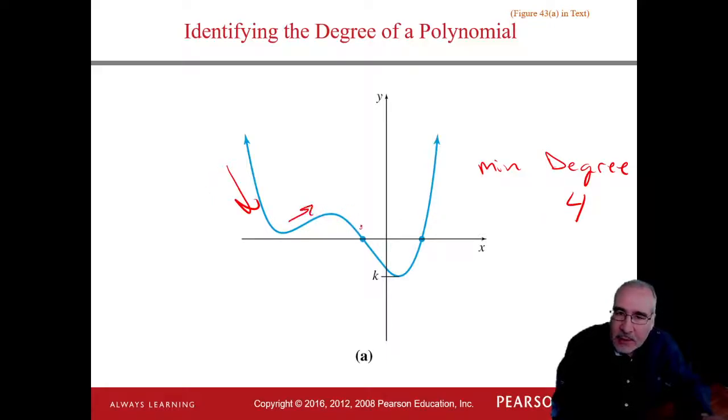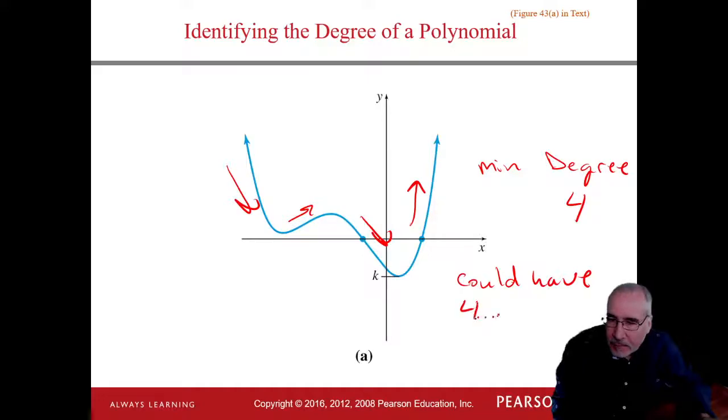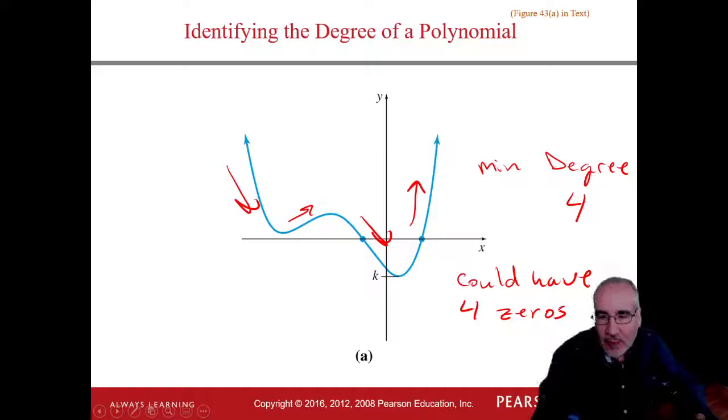1, 2, 3, 4. And what you'll see is that there's the potential, if this was down, there would be the potential for 4 zeros. Four times it crosses the x-axis.